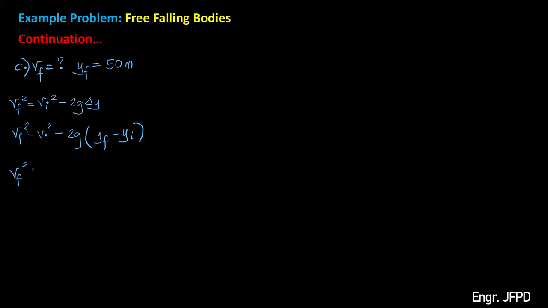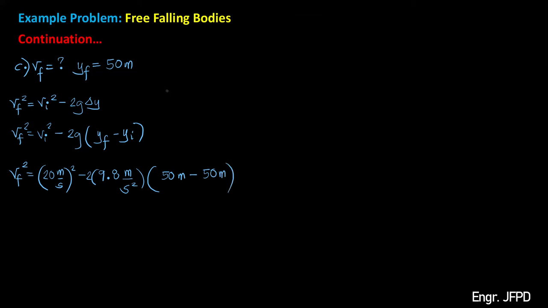This will be vf squared is equal to the 20 meters per second, then squared, then minus 2 multiplied by the acceleration due to gravity, which has a magnitude of 9.8 meter per second squared. And for our final position, this is 50 meters from the ground, and the initial position, which is also 50 meters from the ground.